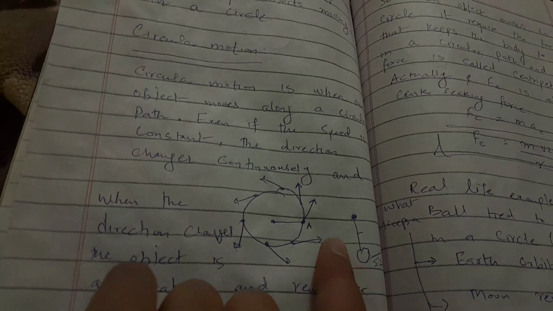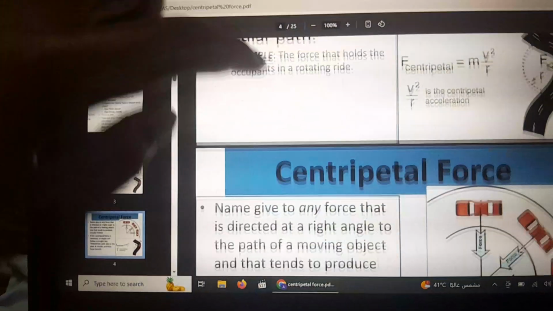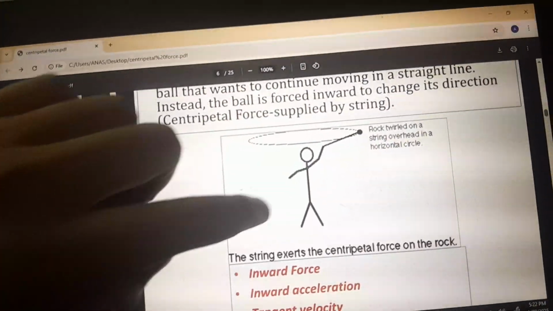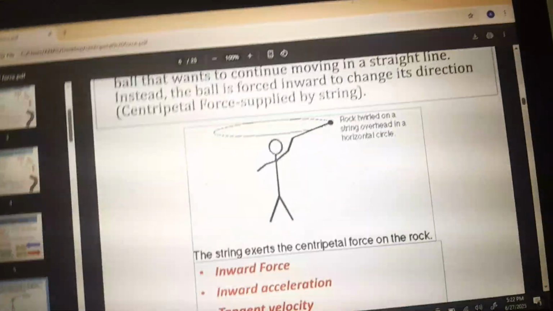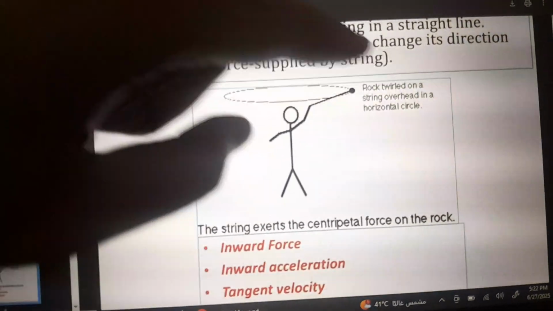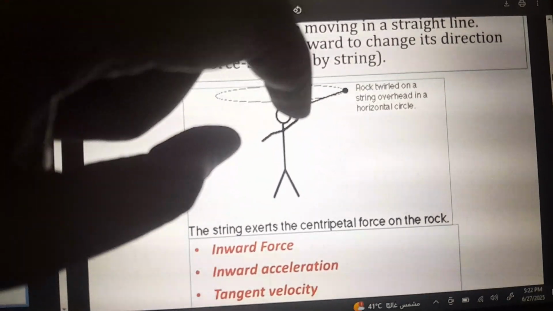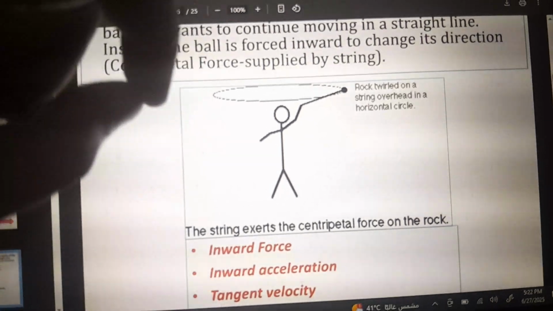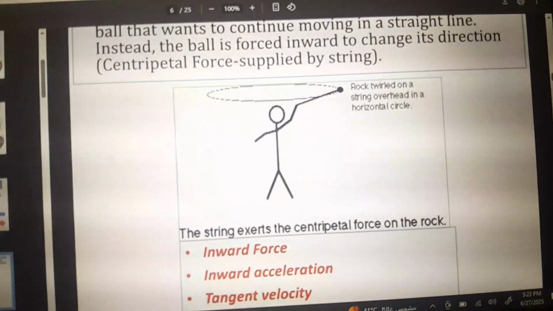Let me give you an example. If you take a string, tie it to a stone, and move it in a circle, the stone moves in a circular path. Where does this force come from?